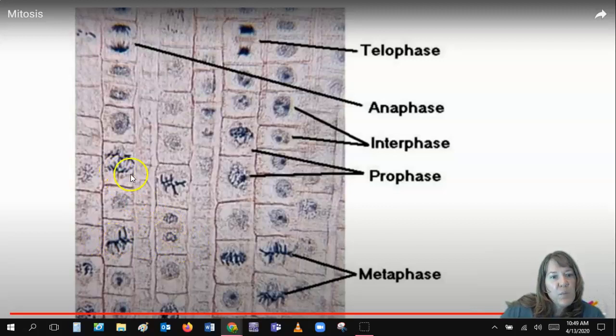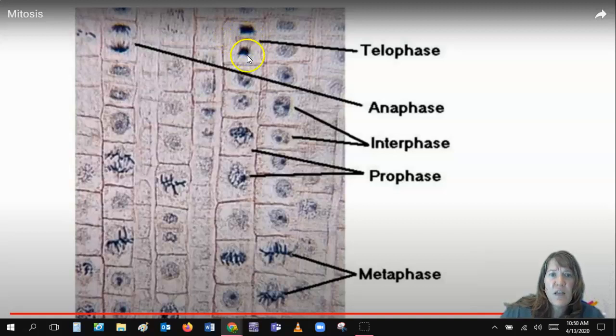Then when they're pulling apart, you have anaphase. They're not at the poles, so you can tell the difference here between anaphase. I would actually call that telophase, but when it gets really, really condensed, and the reason that this is telophase is because you can actually see those membranes of separation forming.